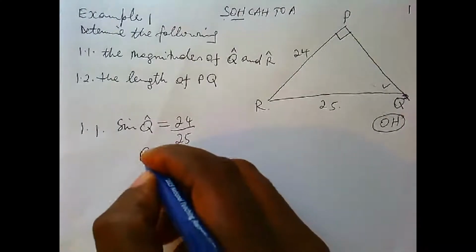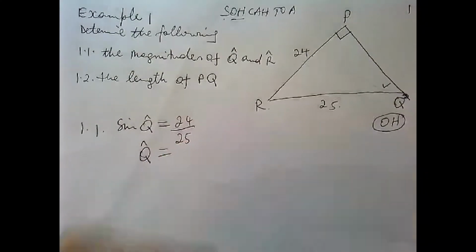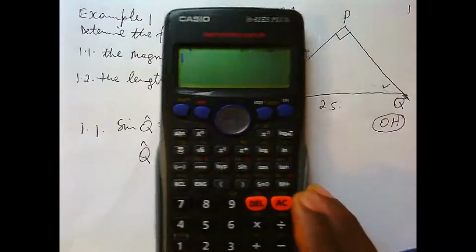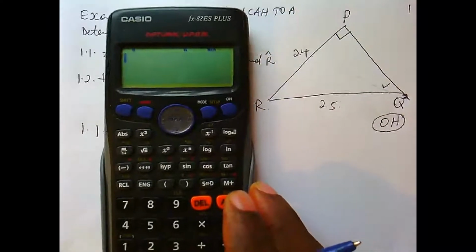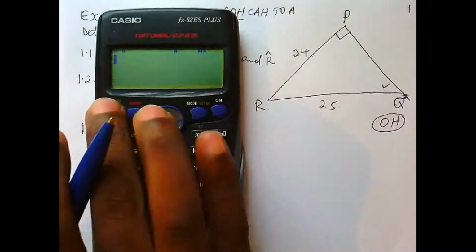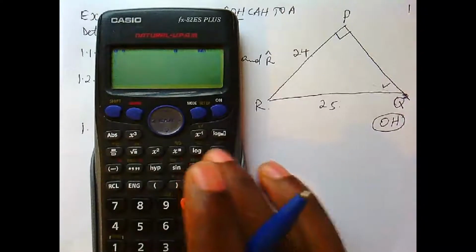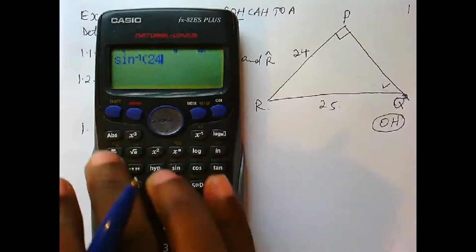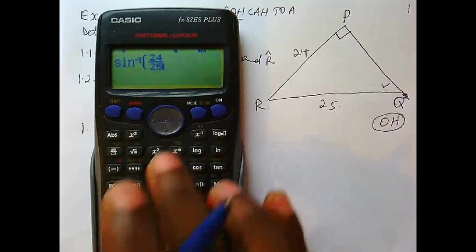Remember, to get angle Q, you must press shift sine of what was on the right hand side. So we are going to press shift sine of 24 divided by 25. Shift or second function, sine of 24 divided by 25, right?